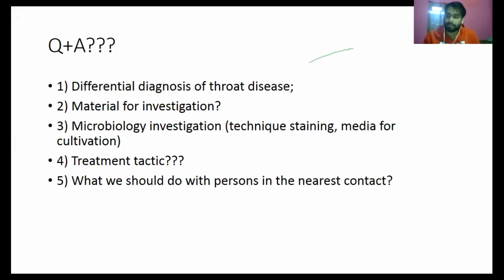Please tell us what technique of staining the sample you will use. We have to take throat liquid.